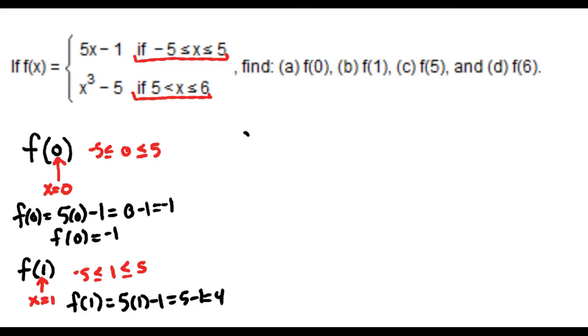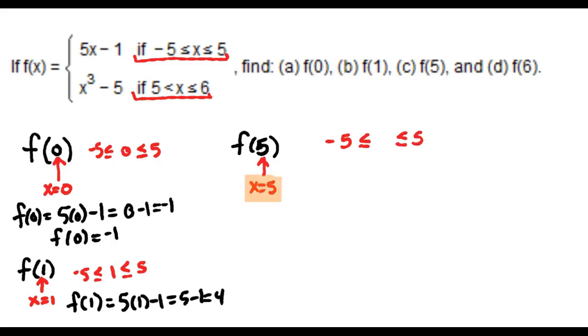So then we want to find f of 5. So x is equal to 5. And with our inequality, we have negative 5 is less than or equal to x, and x less than or equal to 5.